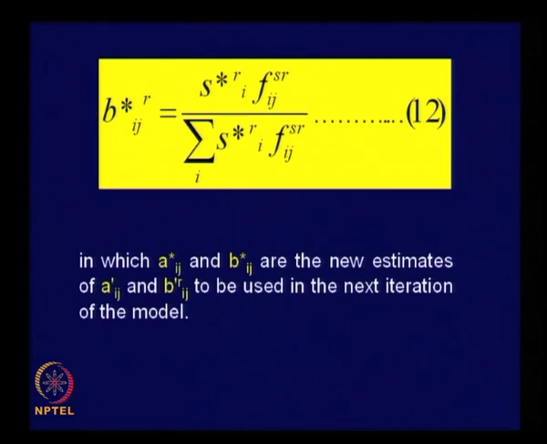Rework the attractivity of zones for locating service type employment or service type activities, and then recalculate the value of B dash ij, then substitute these values in the basic equation for B and get new values of B, right. That is what is given here, in which A star ij and B star ij are the new estimates of A dash ij and B dash ij to be used in the next iteration of the model.